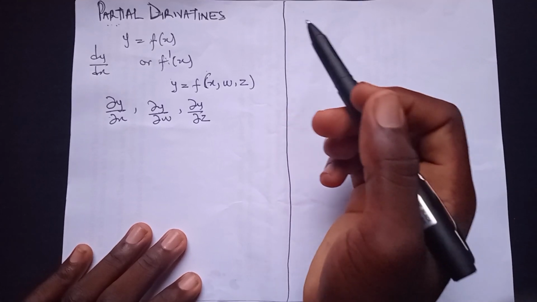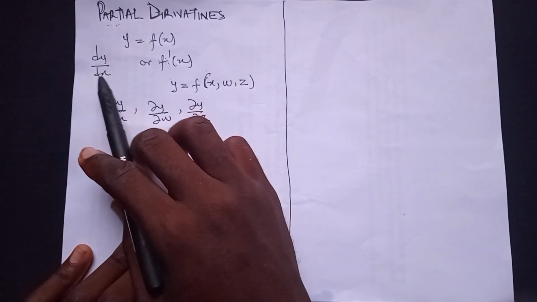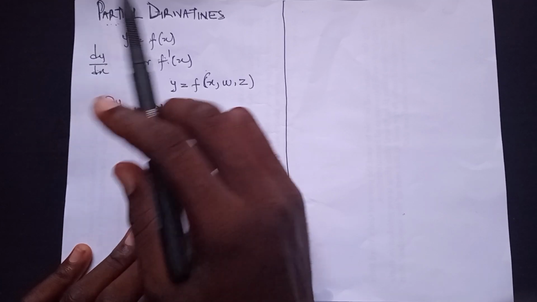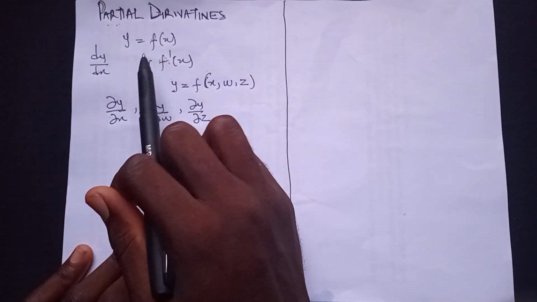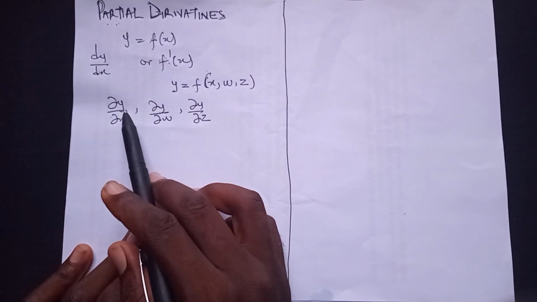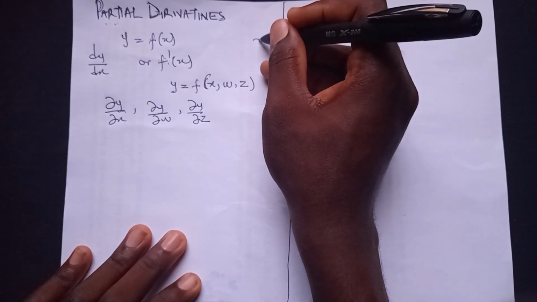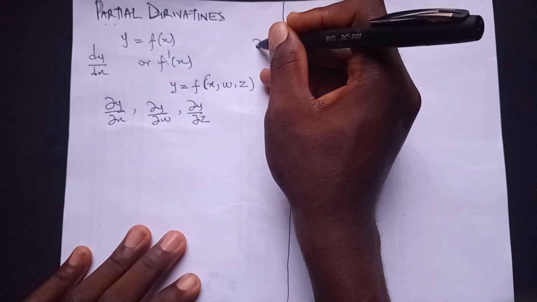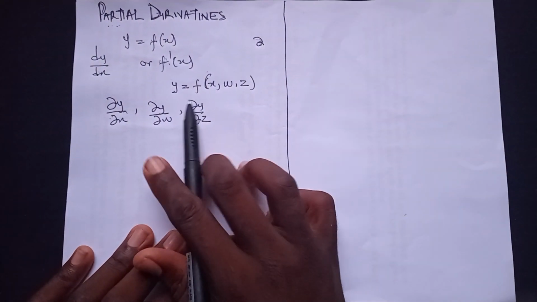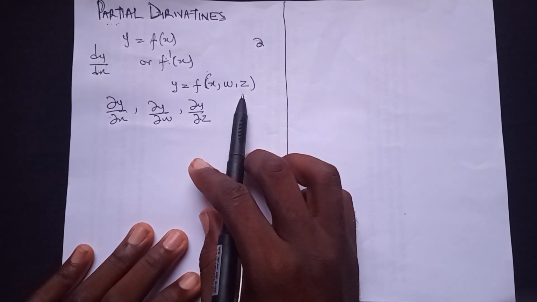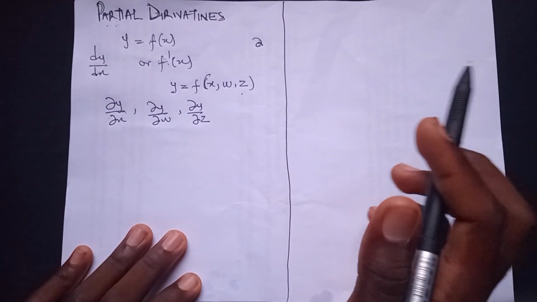Now in partial derivatives, the d is not the normal d used in normal differentiation. The d is a curvy d, just like this. So now if we have y equals f of x, w, z, how do we differentiate?